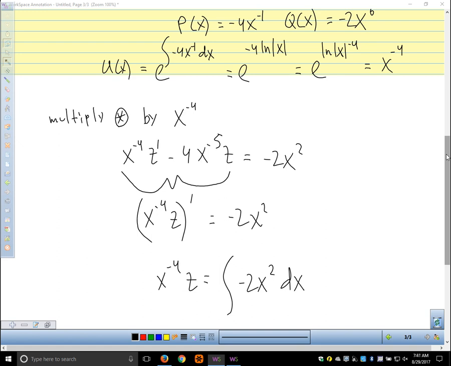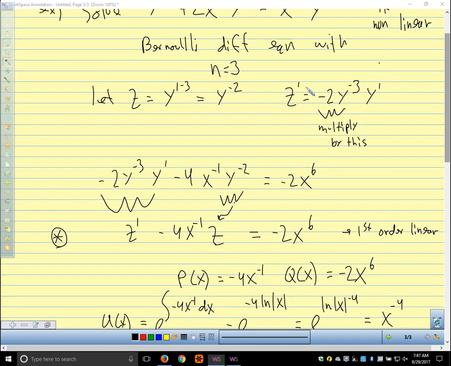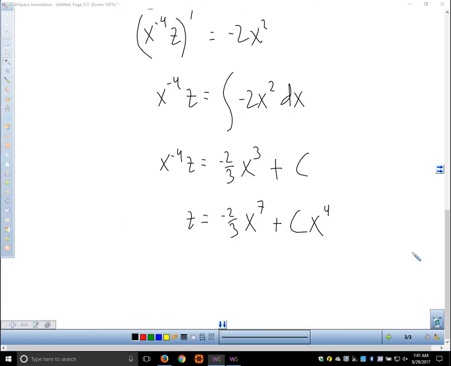So yeah, the Bernoulli equation adds an entire layer of extra steps, but now we're just doing exactly what we did yesterday. And then we said now we have z, but z is y to the minus 2. So y to the minus 2 equals minus 2/3 x to the seventh plus c x to the fourth.